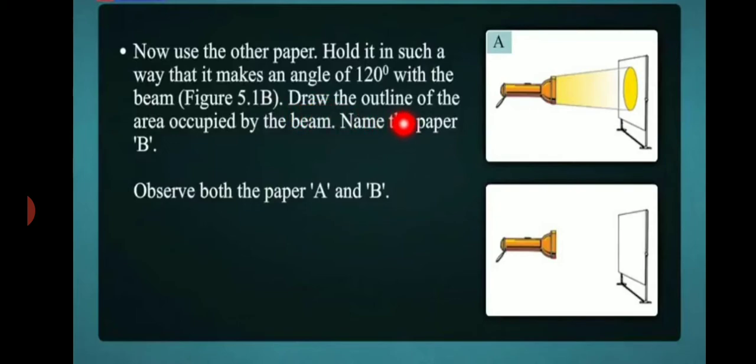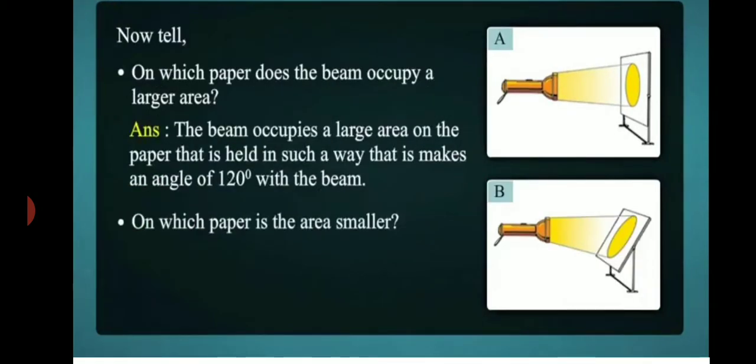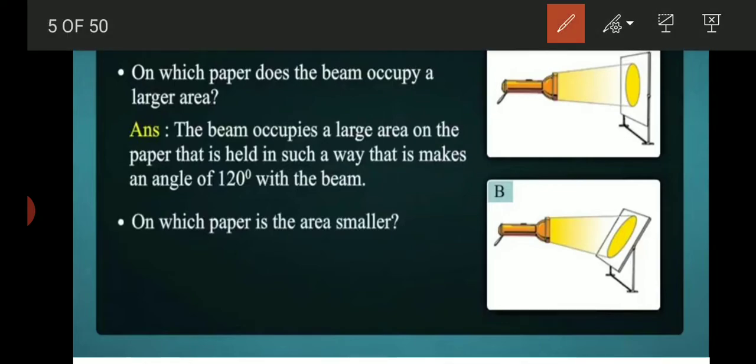Now draw the outline of the area occupied by the beam and name the paper B. Observe both the papers A and B. Now tell, students, on which paper does the beam occupy a larger area?